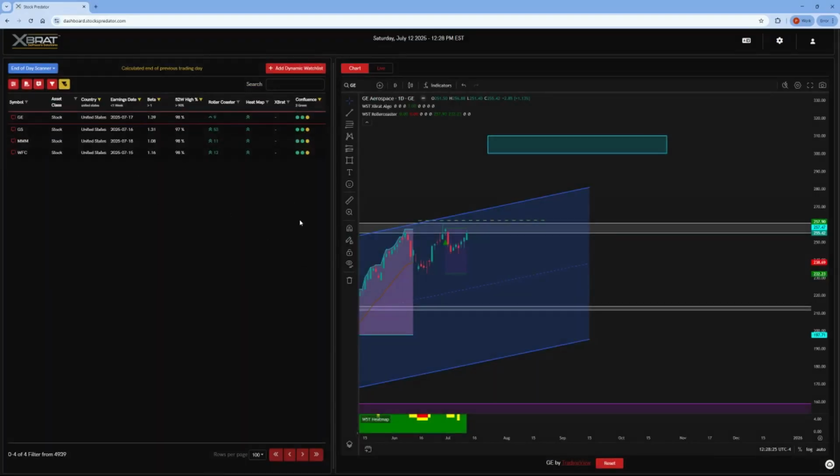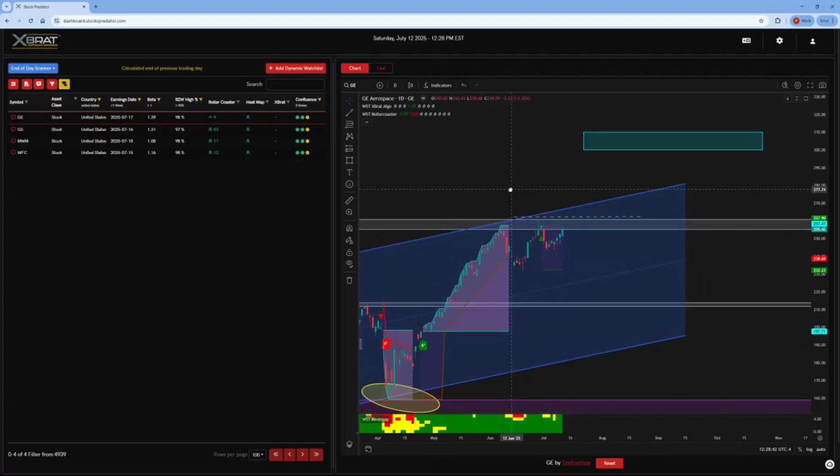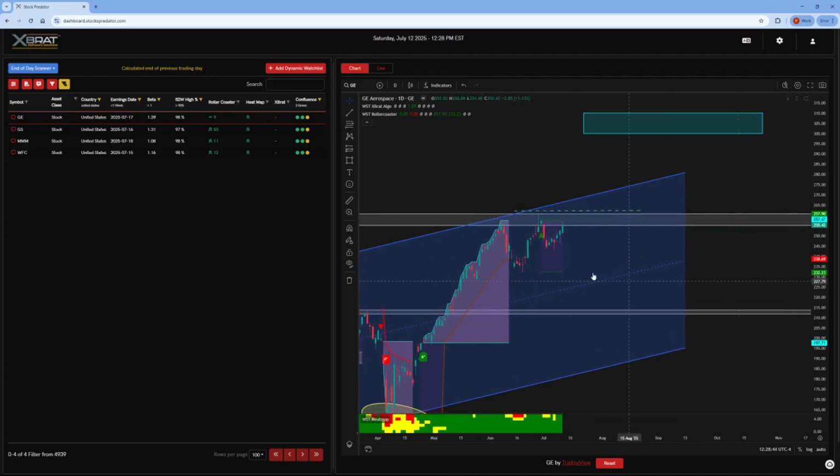We've got 2 out of 3. We've got a beta above 1, so it's really good for options. It's performing better than the S&P 500, and we're really close to those 52-week highs and all-time highs. So this is the perfect scenario. If we get that third confluence, and the catalyst for that, in theory, should be earnings.